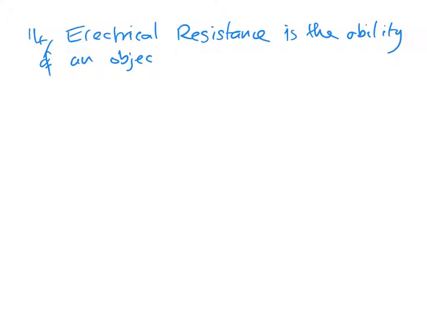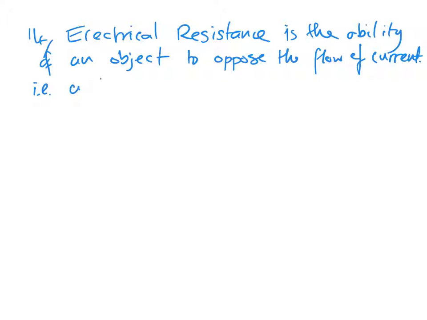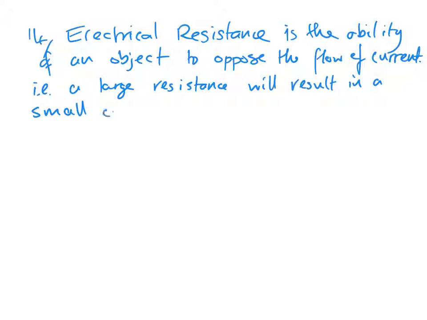It's the ability of an object to oppose the flow of current. I.e., a large resistance will result in a small current.